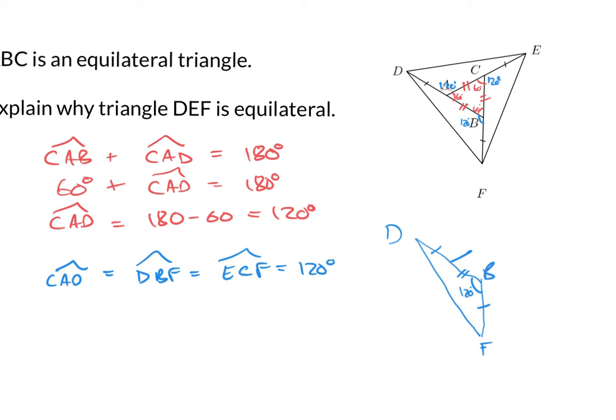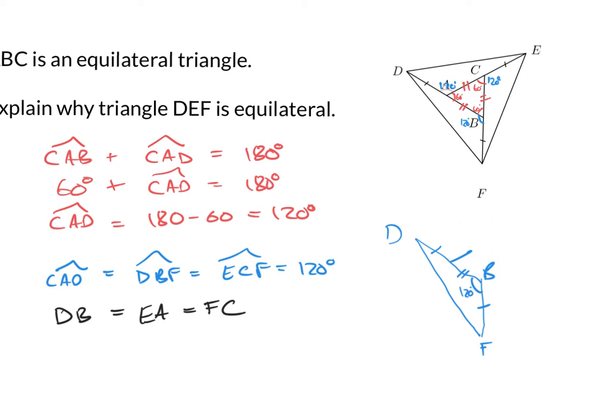I think it's a fair statement to write that straight down and say that DB equals EA equals FC. So those are all the same length.